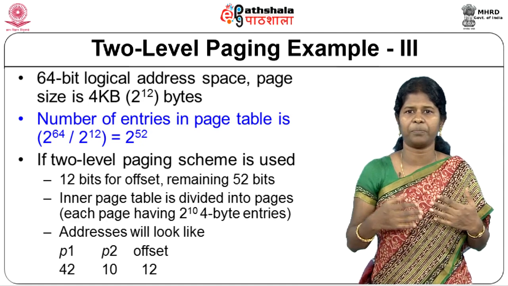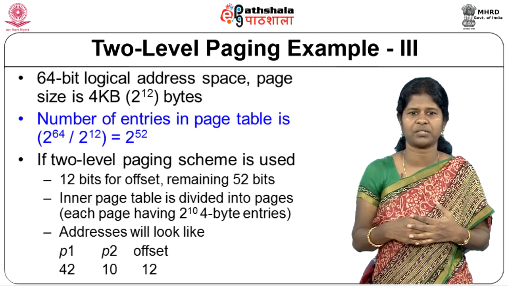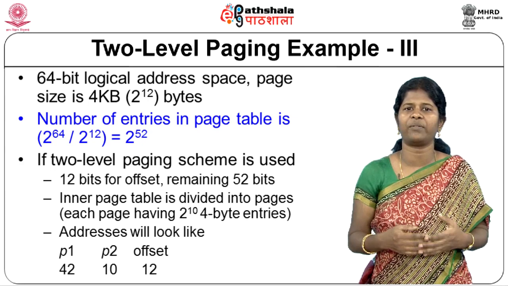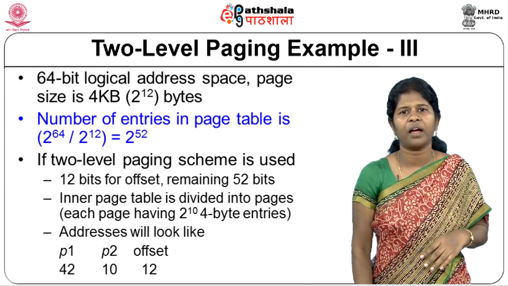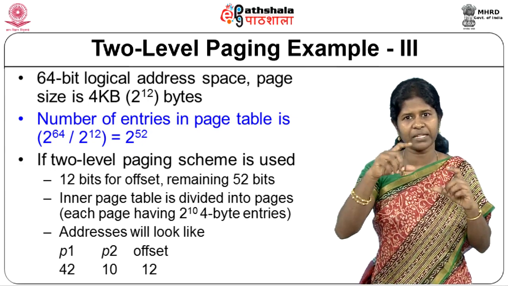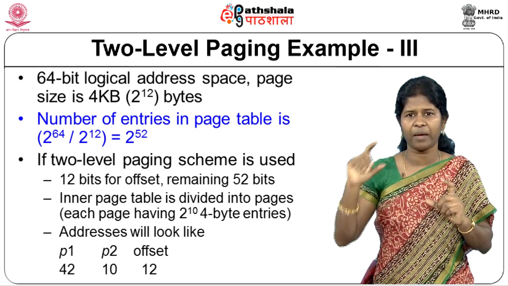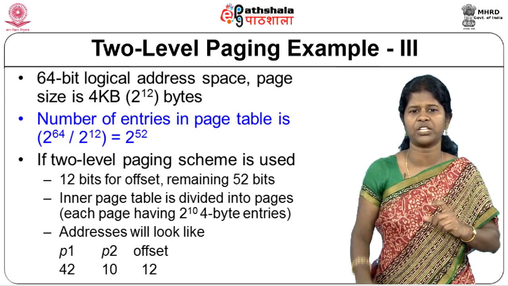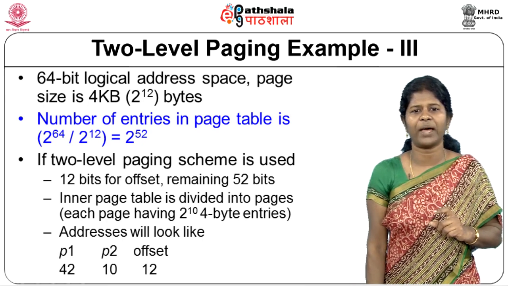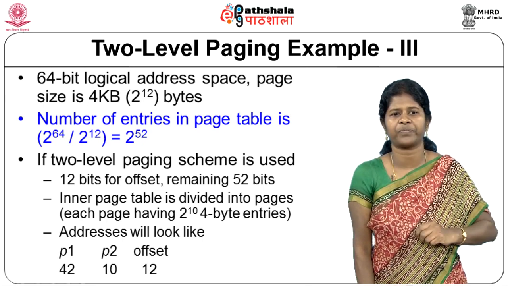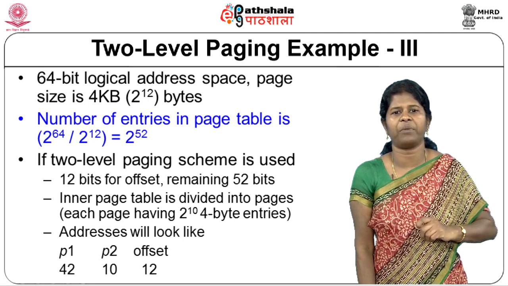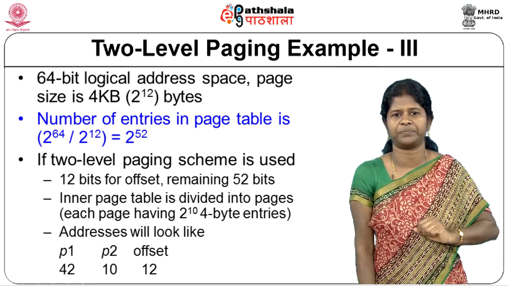So, what is done? The page table is now divided into pages. If you are using a 2-level kind of paging scheme, and you divide the page table into pieces such that each piece will be accommodated in a single page, then you will have 12 bits for the offset. So, you have the remaining 52 bits.